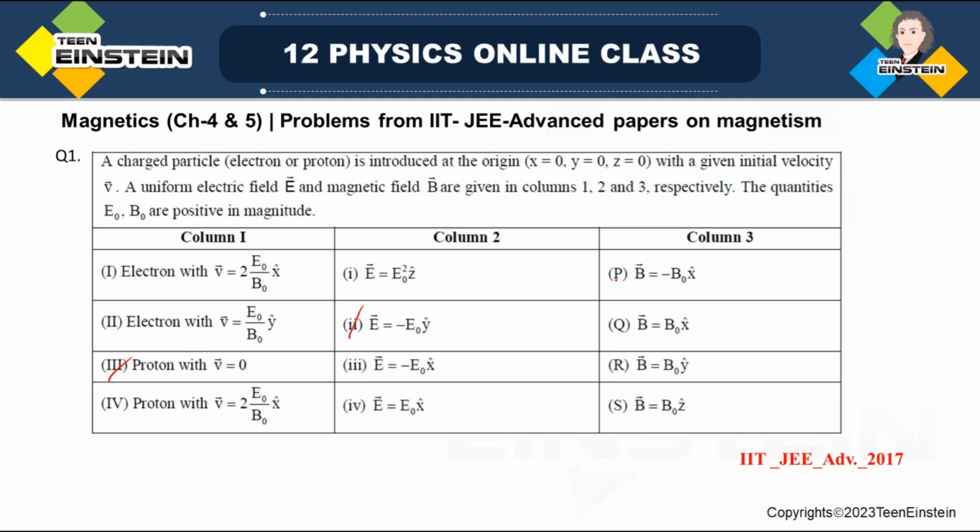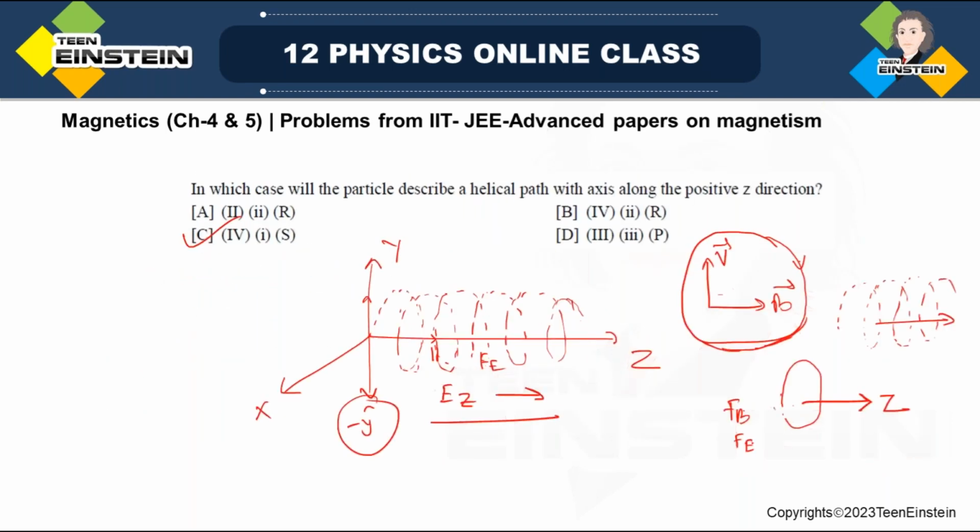In this case, since there is no velocity, the magnetic force will not be there anyway, but there will be force along the negative y direction. That is fine. So what was the question?